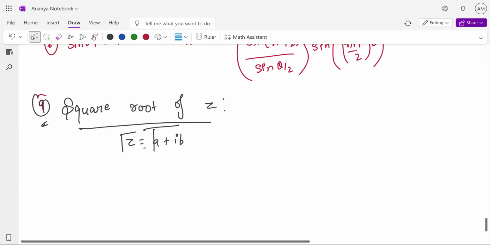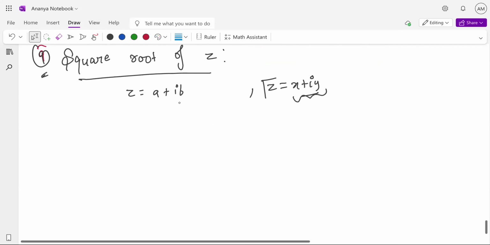If the answer is complex, I am supposing my answer will be in the form of x plus iy. This is what my answer will look like. So this is what my answer will be, and it is the square root of z.